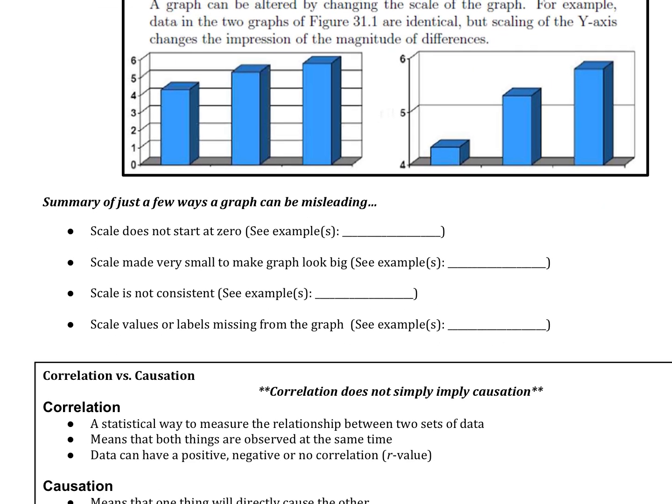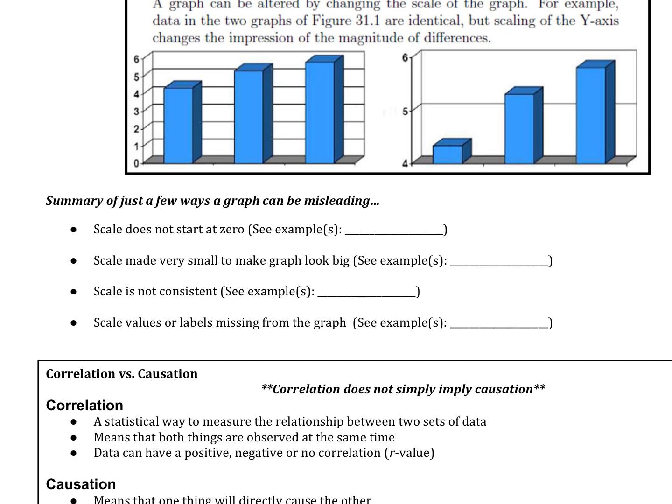So a few ways that graphs can be misleading. Scales do not start at 0. If you look back at example 1, we can see that that's an example. Scales are made very small to make the graph look big.